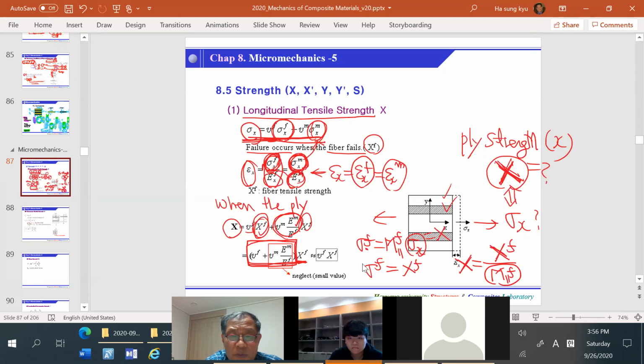So you may derive equations like that using the full rule of mixture, but alternatively, you can use a stress amplification factor, and you can directly calculate the fiber stress, and this fiber stress will reach the fiber strength, and that is the moment when the ply fails. Okay, so this is how we calculate sigma x, I mean the fiber directional strength.